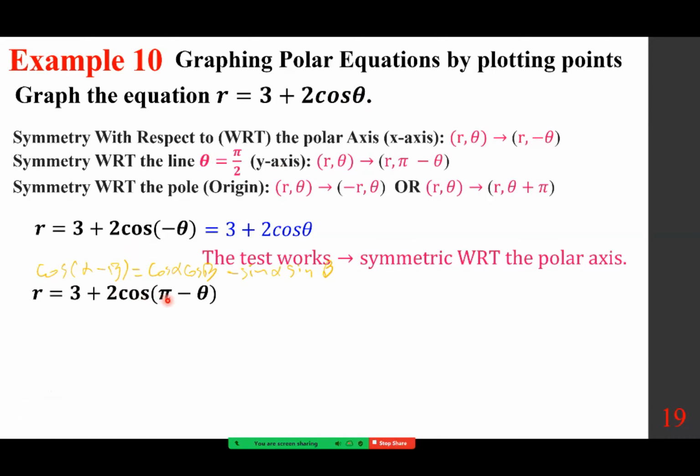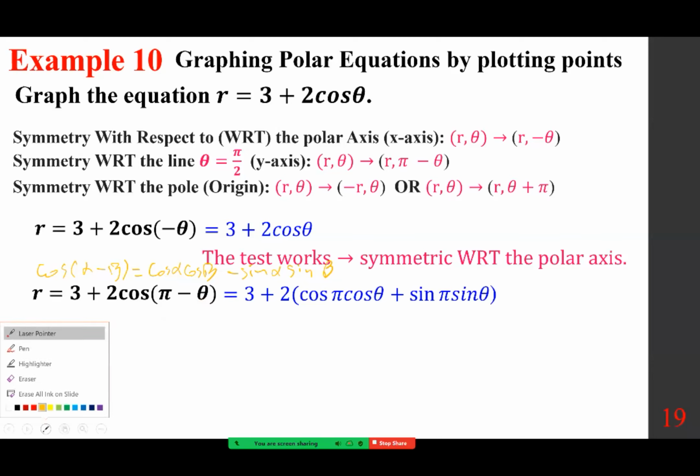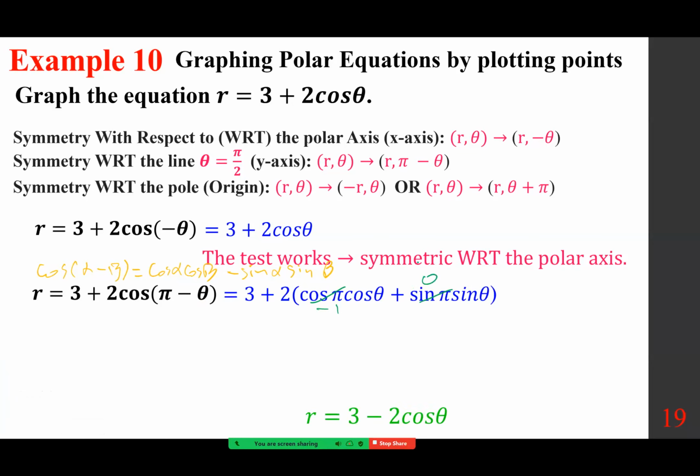Therefore, this part becomes cosine pi cosine theta plus sine pi sine theta, and cosine of pi is -1, sine of pi is 0. So we get 3 minus 2 cosine theta, which is not the same.